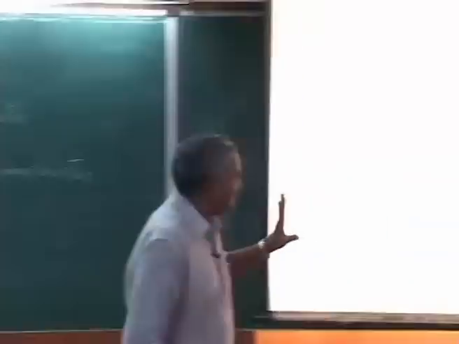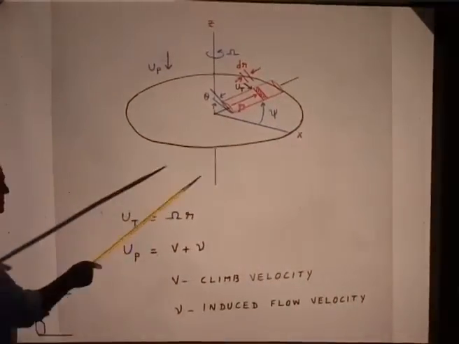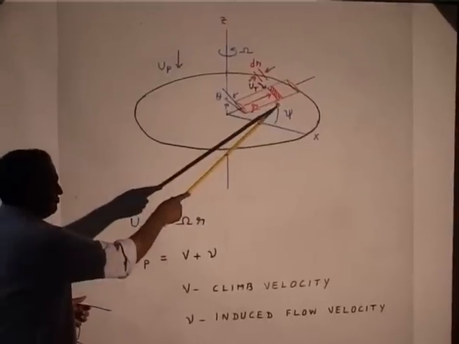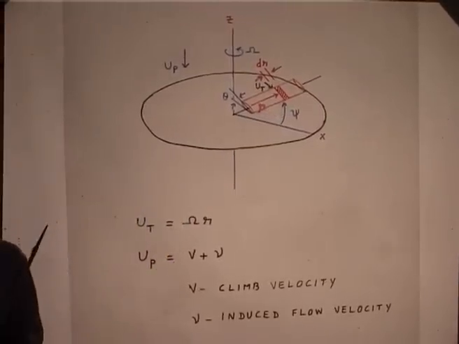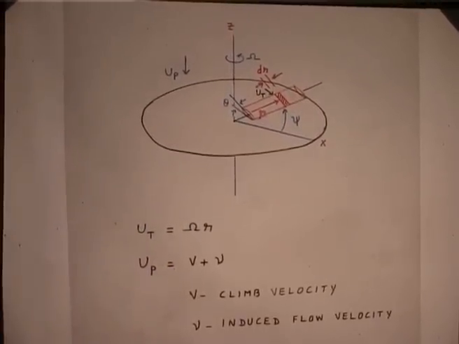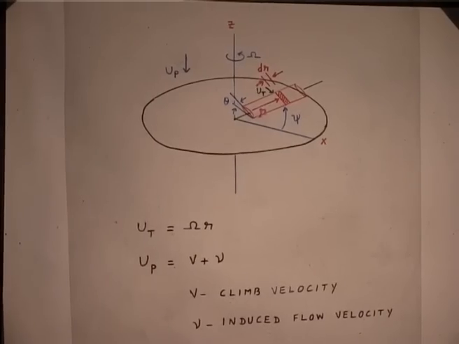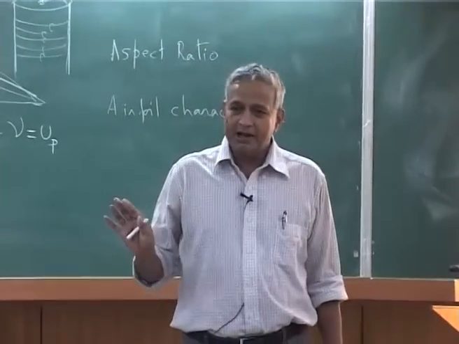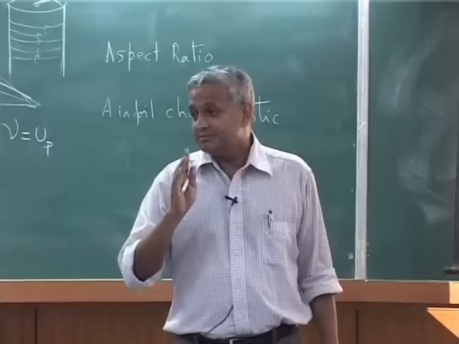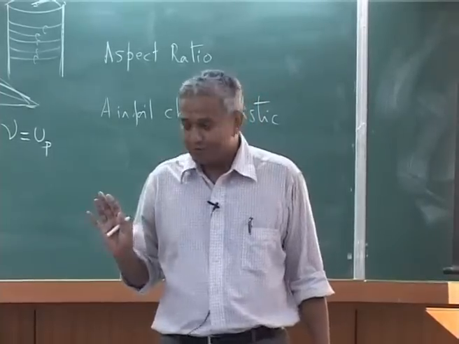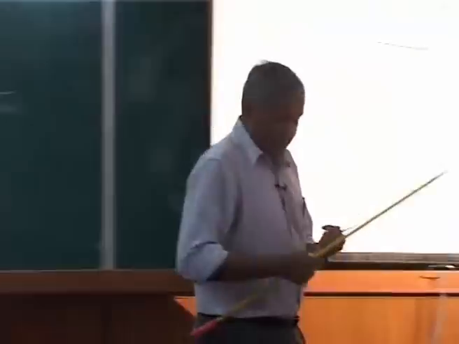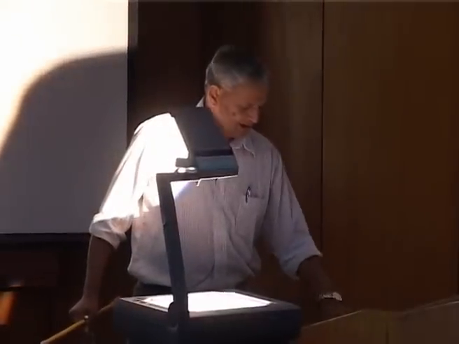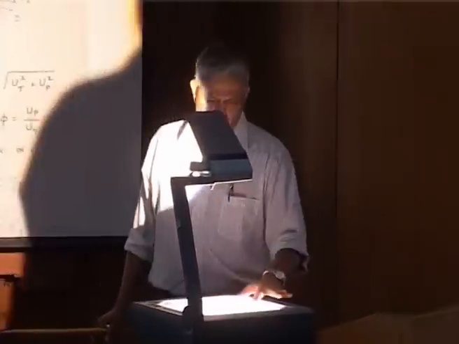And I define some psi just to denote the azimuth location. This is for one blade, if I have n number of blades, I will use all the blades. Now I got sectional lift and drag. Please note, this is a very simple model, and this is what I have shown here.